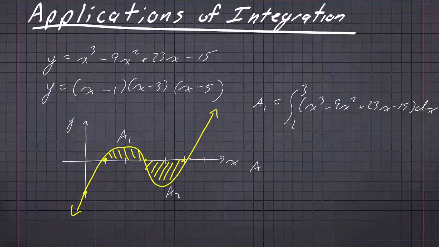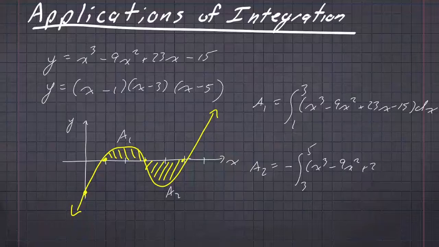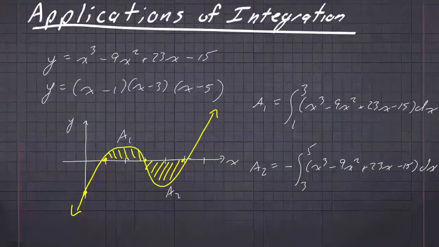So in order to do that, I'm going to introduce a negative on the integral from 3 to 5 of the same function, x cubed minus 9x squared plus 23x minus 15. And then to find the total area, we can simply add these two things together.